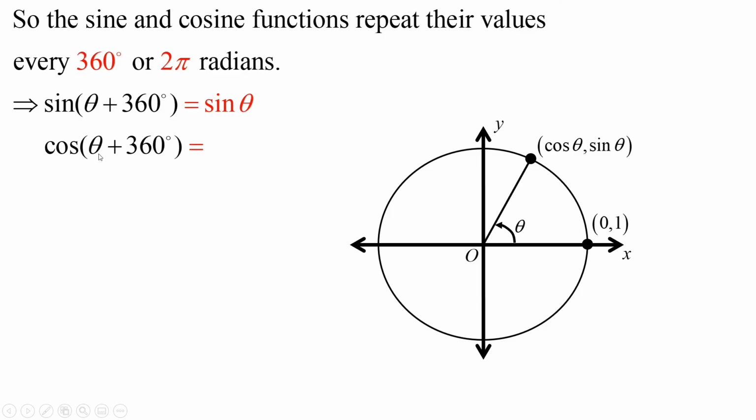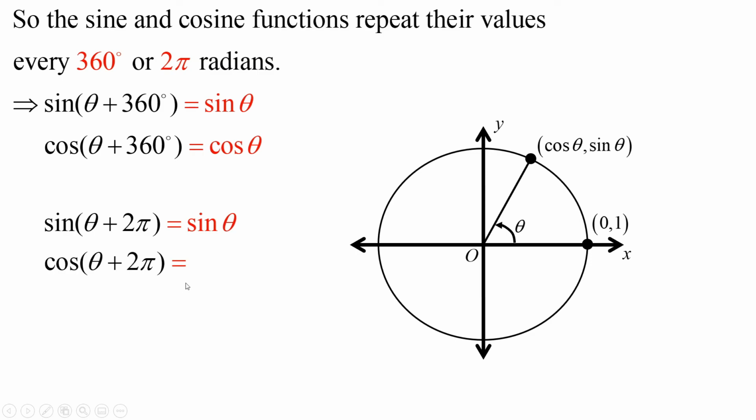And cosine of theta plus 360 degrees will give me the same output as cosine of theta. We can do the same thing in radians too. Sine of theta plus 2 pi, that's 1 complete revolution. So if I have this angle and I add 2 pi, I'm right back at the same terminal ray. So that's going to be sine of theta. And cosine of theta plus 2 pi radians is cosine of theta.